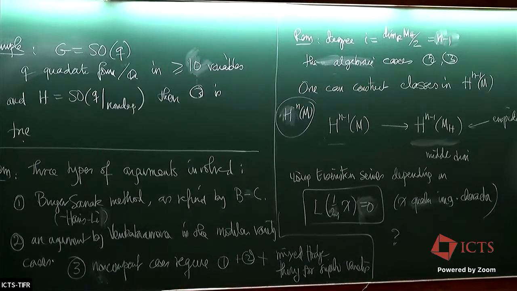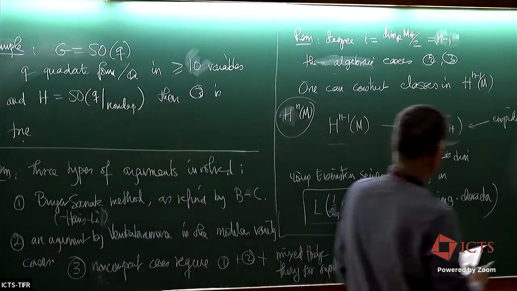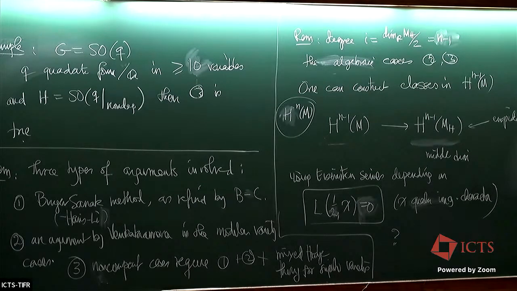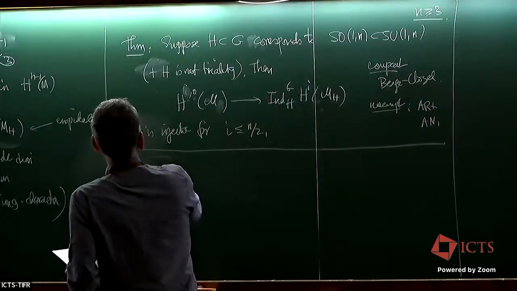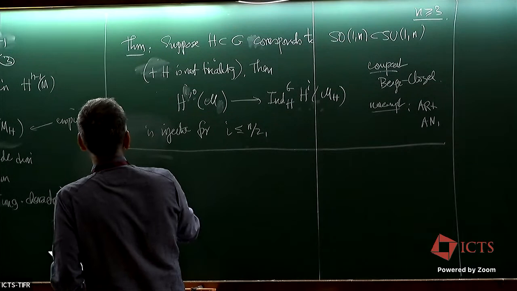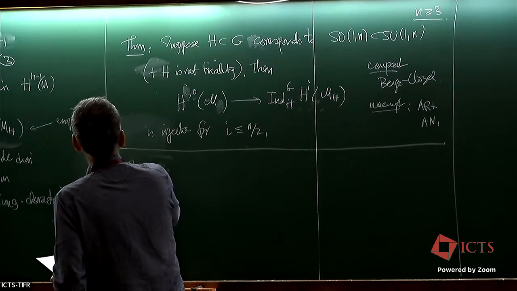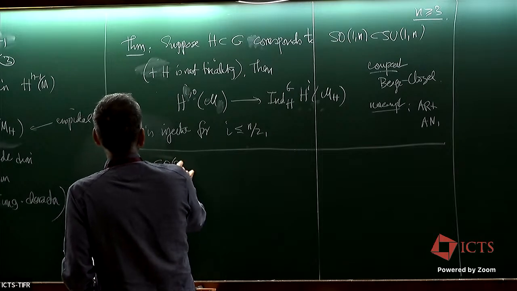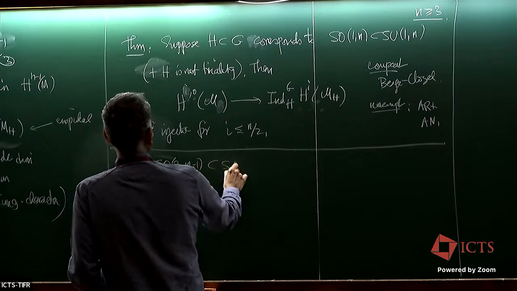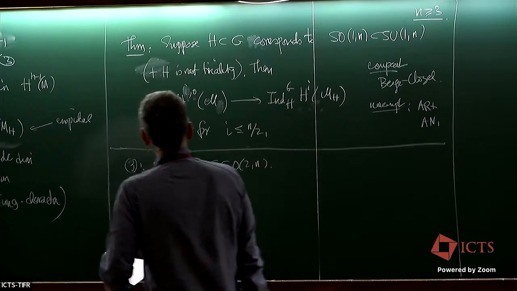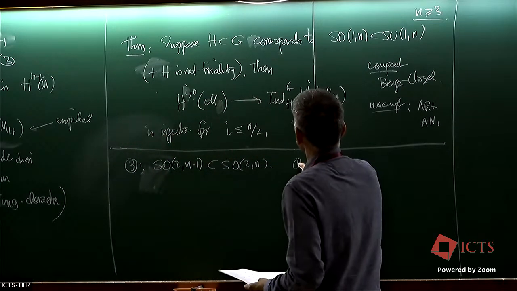Okay, so let me spend a few minutes discussing the proof, which is fairly dull. Let's consider the case 3, since that's the most complicated case, so we should consider it now. I assume that the Q-rank of both groups is 2.